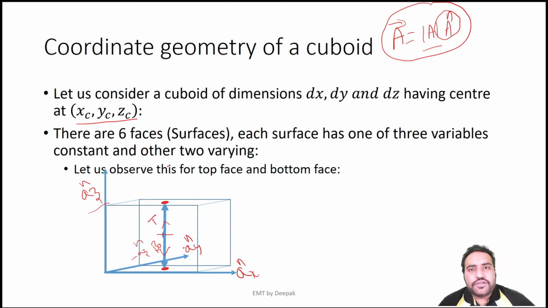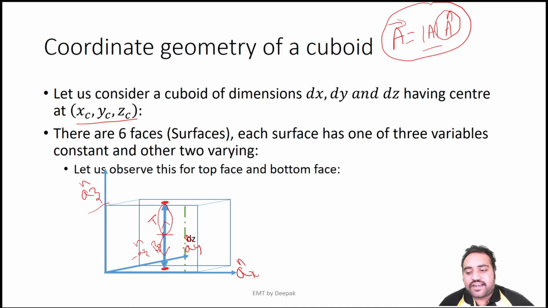To determine the magnitude, we know that its dimension height is dz, and this point is at the center. So the magnitude of this is dz by 2. So this vector would be dz by 2 az cap.